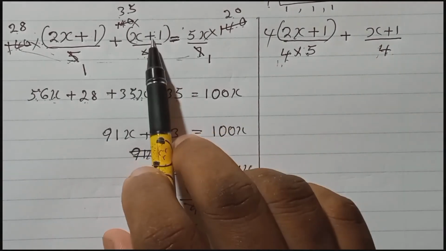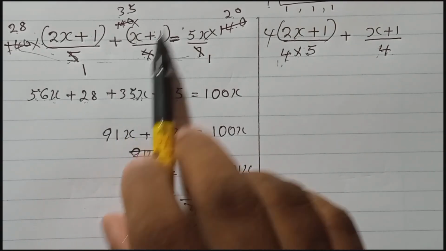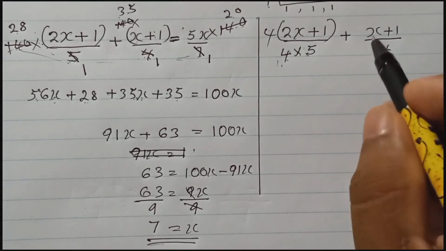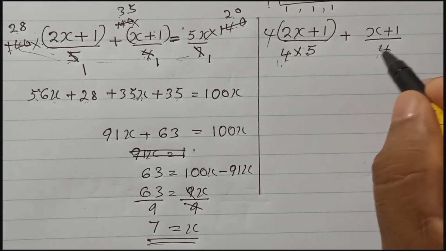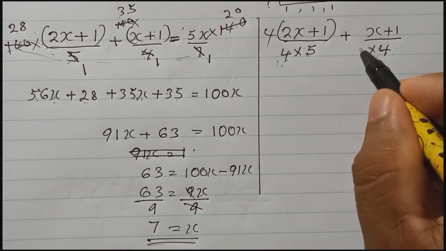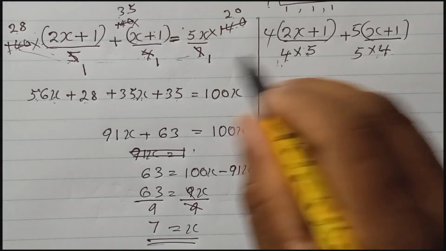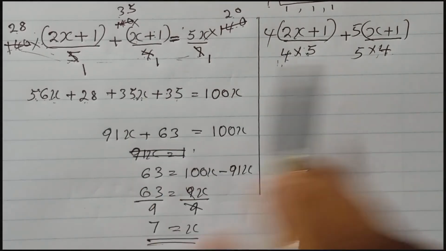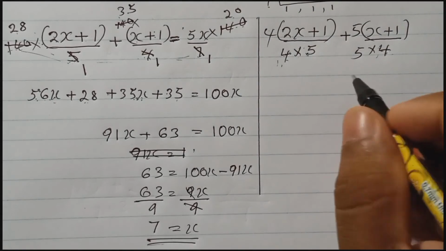Sometimes there may not be a fraction, but still you need to multiply by that LCM, even that number, right? Okay, here now I need to get 20, so that's why I multiply by 4. Here I need to get 20, so I will multiply by 5 here. So here also I will need to multiply by 5. Try to understand these two differences, because some are confused between this situation and this situation, right?